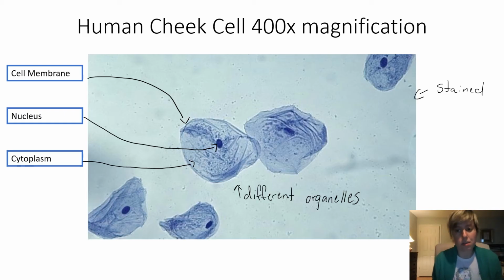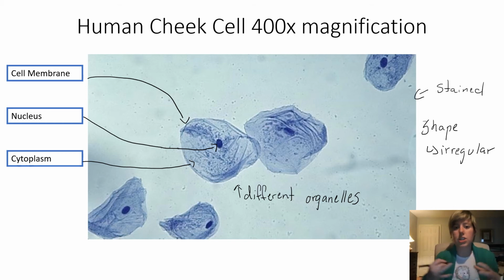So we know that they're different organelles, but we can't be very specific on what type of organelles they are. And if we're looking at our human cheek cell, we notice that the shape is irregular. They don't have a distinct shape. They're kind of like circular-ish blobs, but they don't have a defined specific shape.